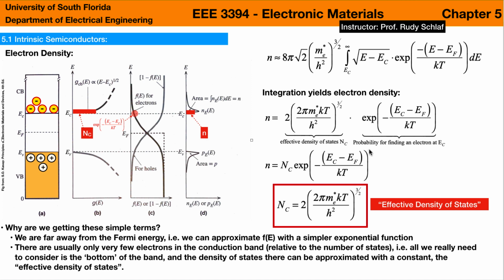It's interesting to wonder why we are getting such a simple and fairly elegant result for the electron density. Well, if you look at it, it makes a lot of sense that we are only considering a constant density of states here at the bottom of the conduction band, because we are pretty far away from the Fermi energy, and that means that we only have a few electrons up here in the first place, and that means they are all at the conduction band minimum.